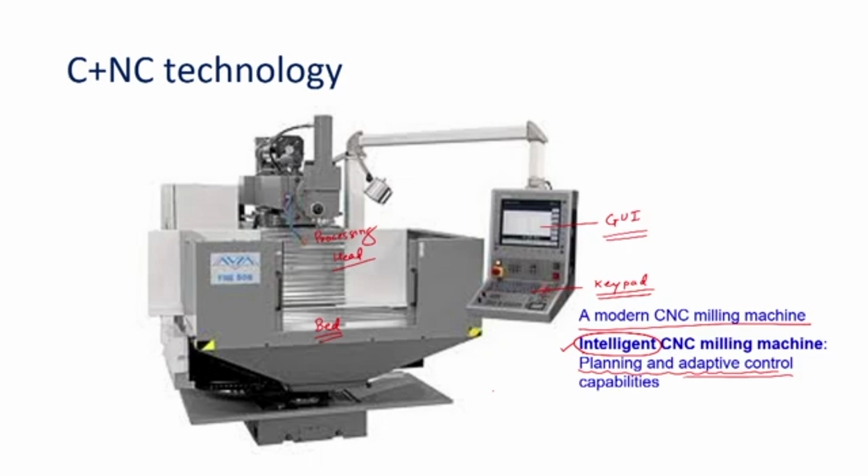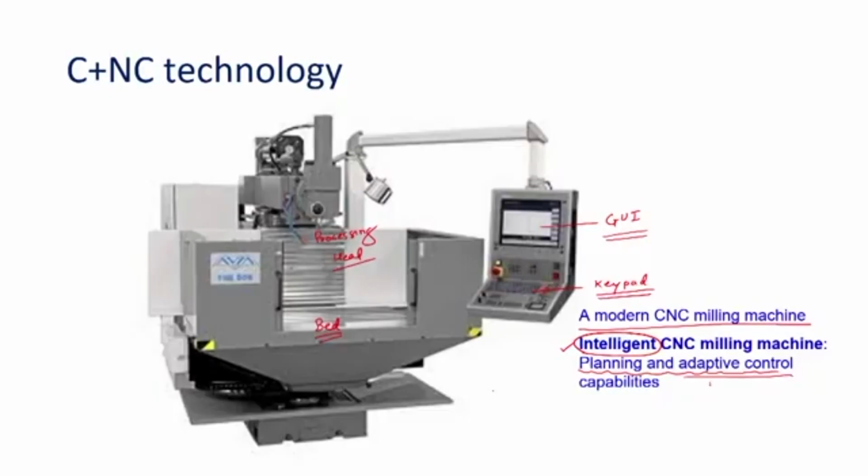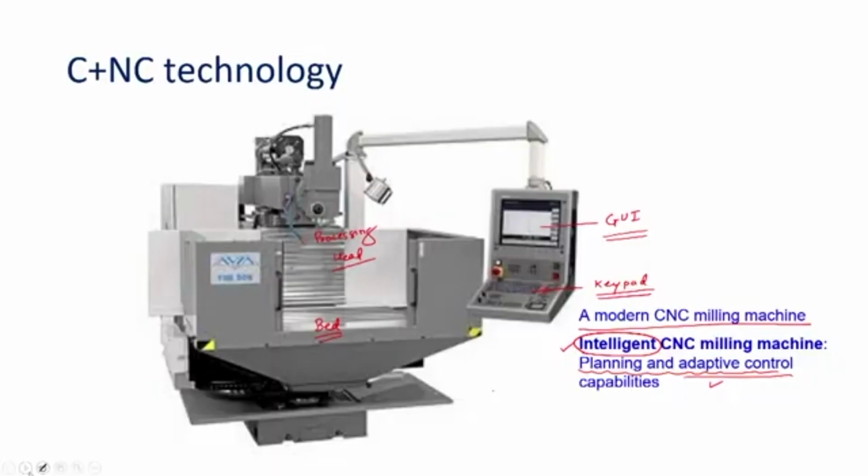A typical machine tool has basically two parts. The first is the control unit, that is the machine control unit, and the next group of units is the control loops unit and data processing unit. To run a CNC machine tool, there is a need to have a machine control unit, and the machine control unit is processing the data given by the user, and it is generating the control loops.